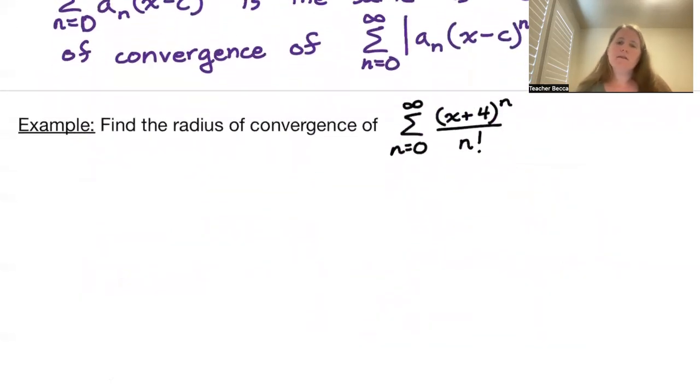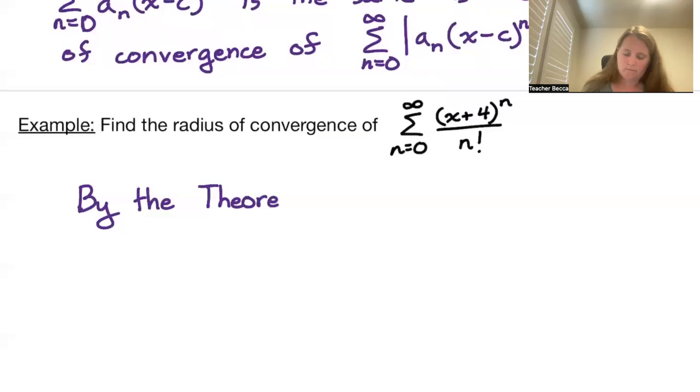So let's go ahead and do an example. Let's find the radius of convergence of the sum from n equals 0 to infinity of (x plus 4) to the n over n factorial. Note here that, by the theorem above, we can simply look at the positive version of this.